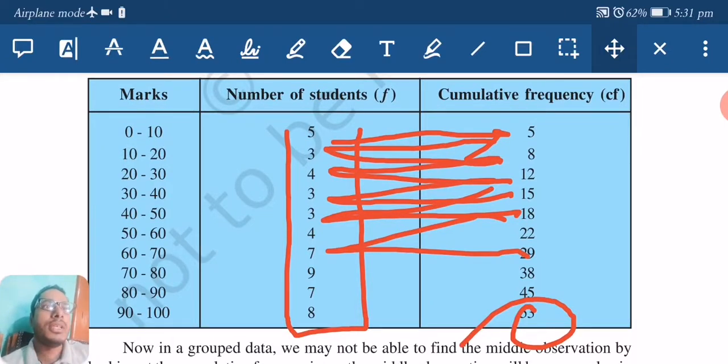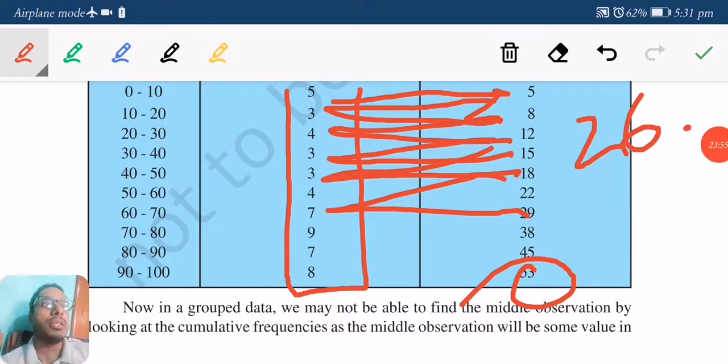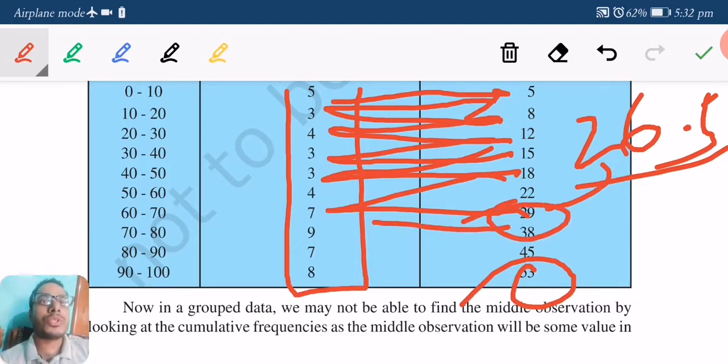If you see here the data, 26.5, we need to find it out in cumulative frequency. So 26.5, if you see, it is not near to 22, it is near to 29, okay. More than or near to, that is 29. And check 29 corresponds to which class?